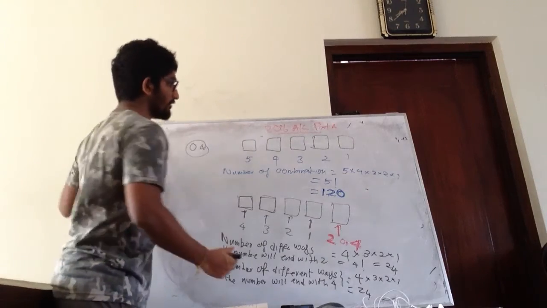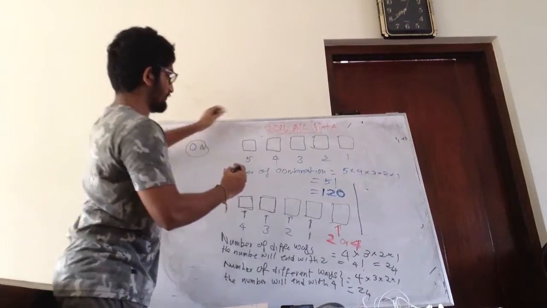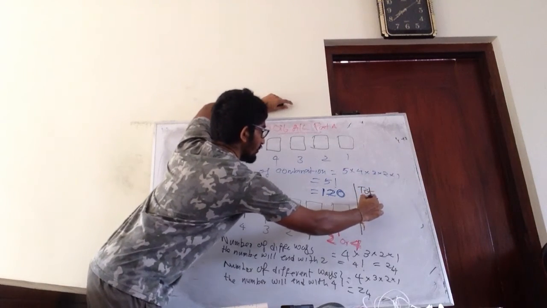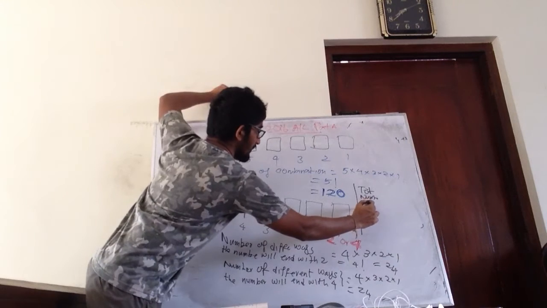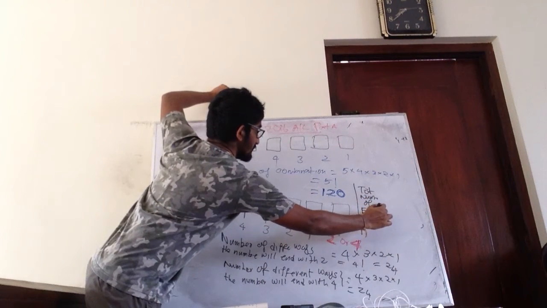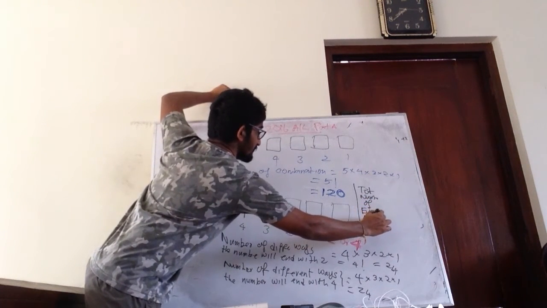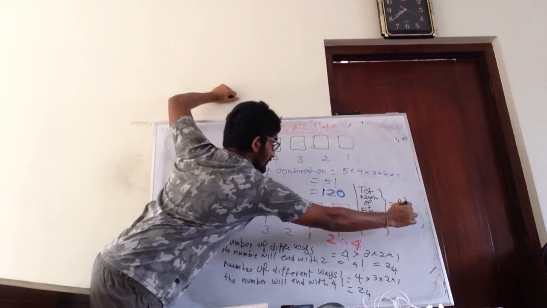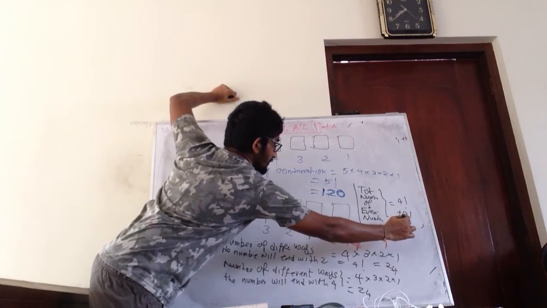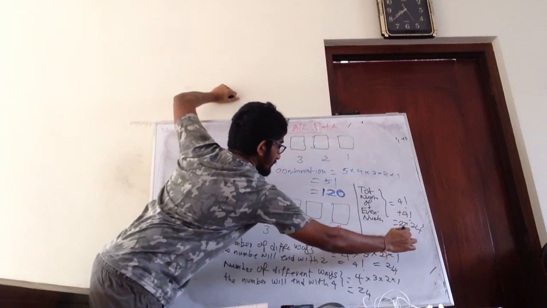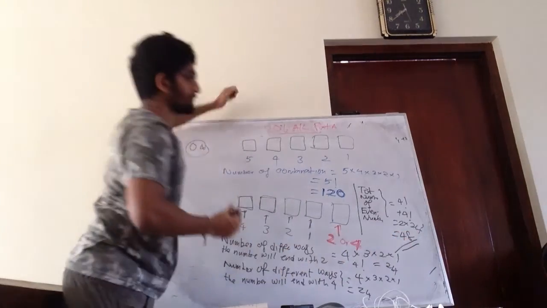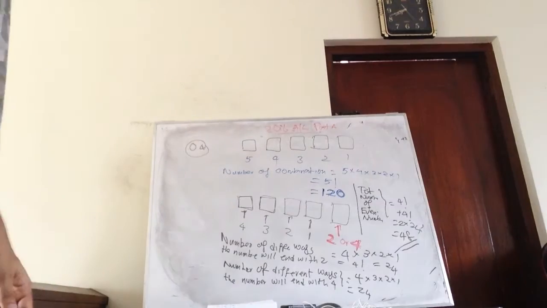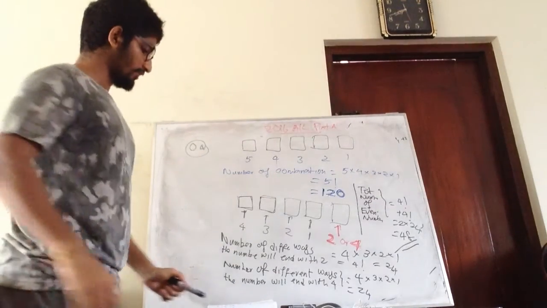So the total number of even numbers will be 24 plus 24, that means 2 times 24, that means 48. Right, so that is also done.